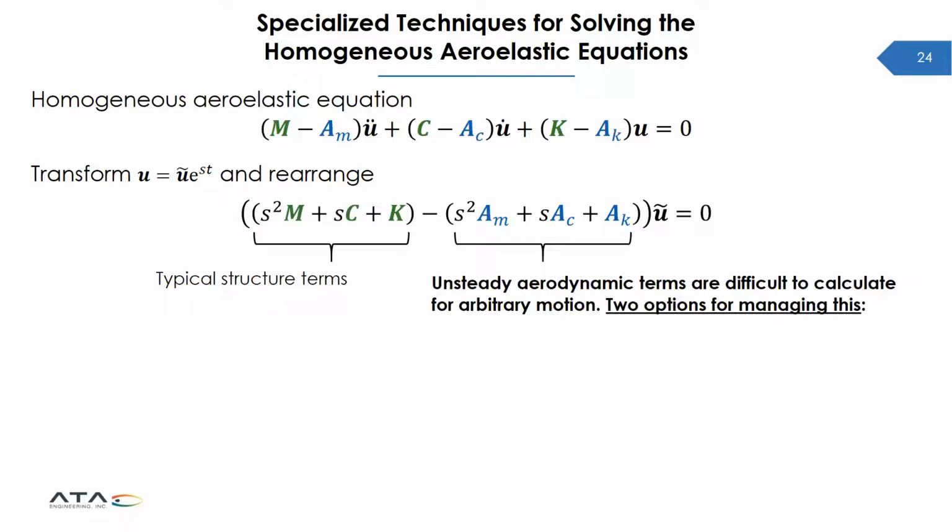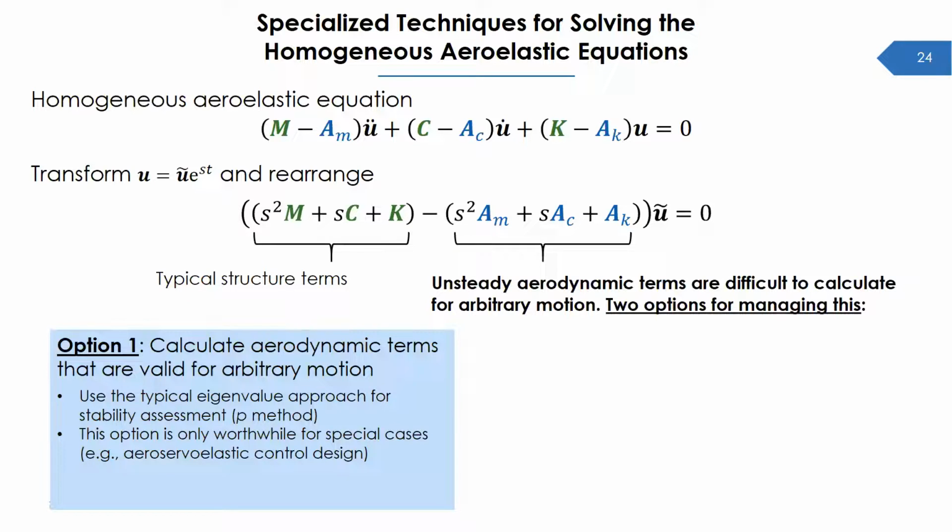And capturing that for any motion is challenging, and it's something we can do. So you have the option of calculating aerodynamic terms that are valid for arbitrary motion. And this involves including additional finite state degrees of freedom. And if you go through the trouble of doing that, then you can use a typical eigenvalue approach for the stability assessment. So in aeroelasticity, we call that typical approach P method.